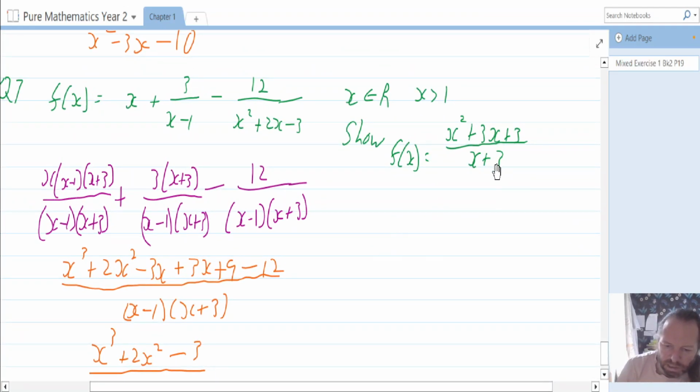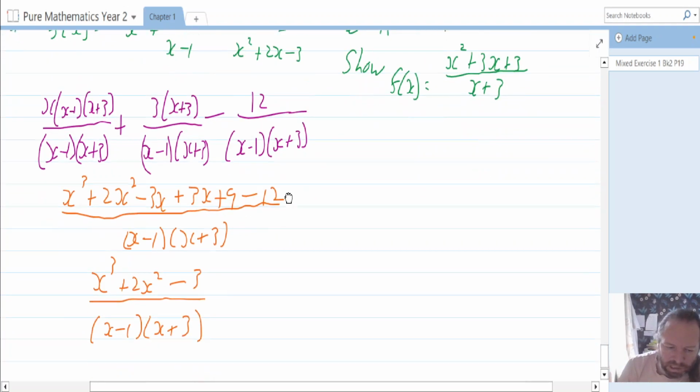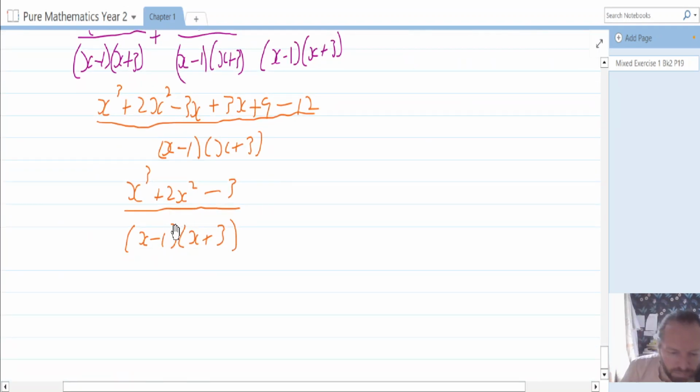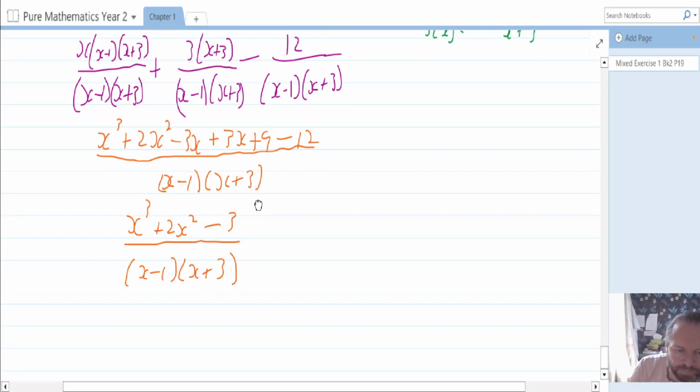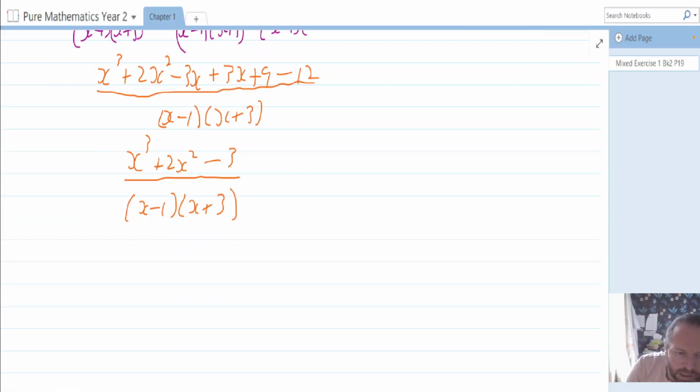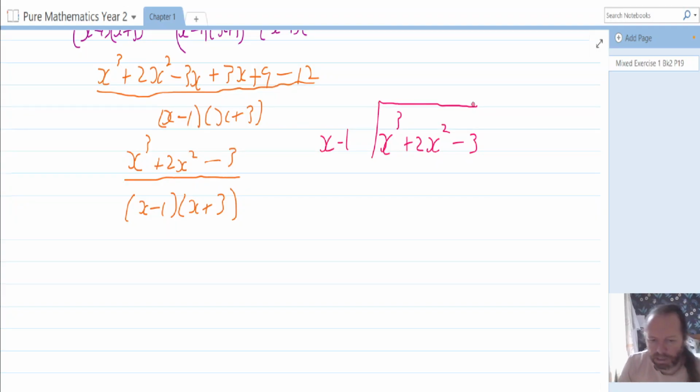Somewhere along the lines, the x plus 3 stays, but the x minus 1 at the bottom doesn't. So I'm going to look at trying to divide x minus 1 into this cubic. Just jumping out to the side here, I'm going to set up x cubed plus 2x squared minus 3, and I'm going to divide it by x minus 1 to see what it comes out as. Set it up like long division.